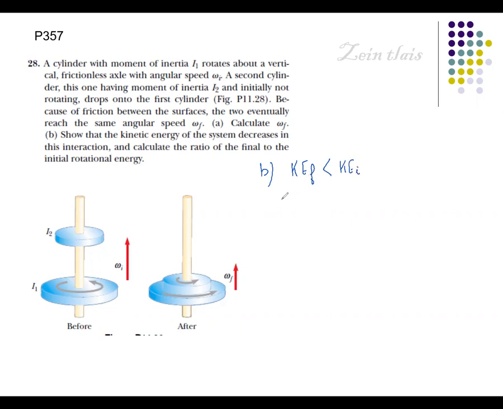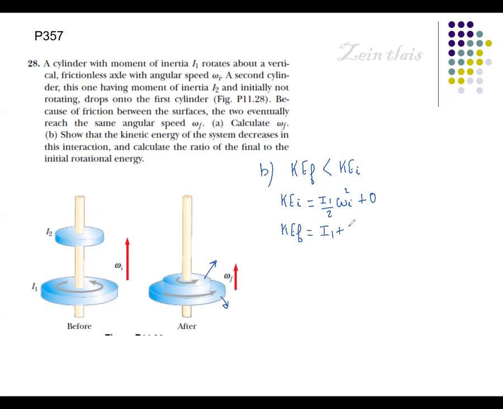Okay, let's calculate each one. Kinetic energy initial, here we have only rotational motion, equals I1 over 2 omega initial squared plus 0. And kinetic energy final equals, here we have this one and this one.